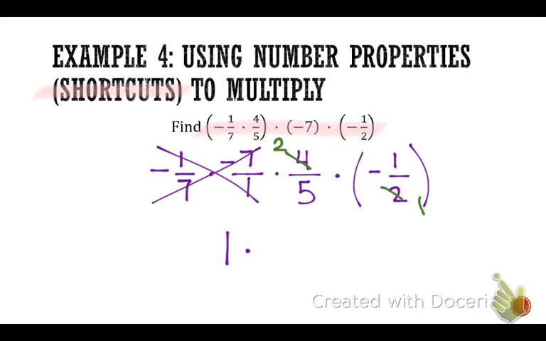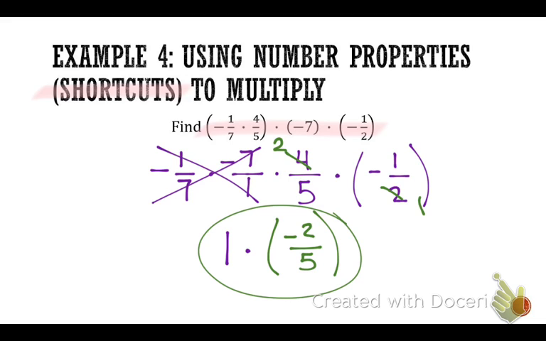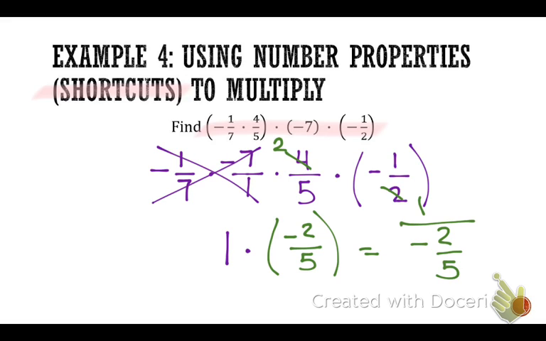Be careful, what's 2 times -1? -2. And what's 1 times 5? 5. All right. Now, 1 times any number is just that number, but just to be clear, we can multiply 1 times -2, and again, it's just going to be the same answer, -2 over 5.